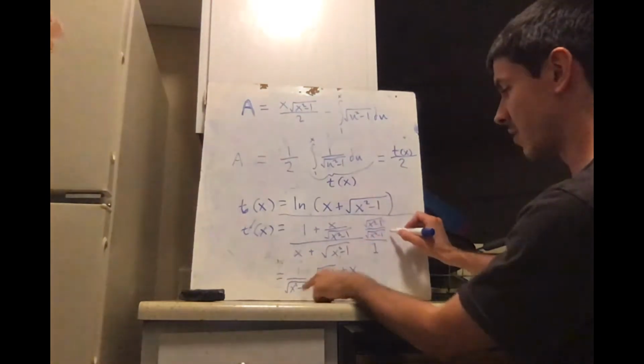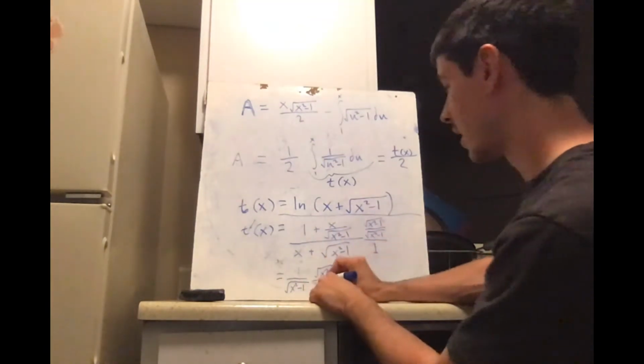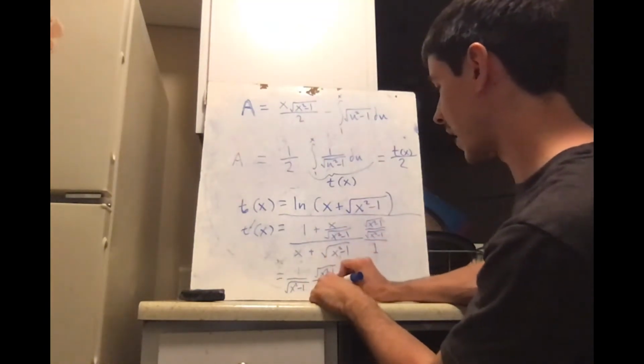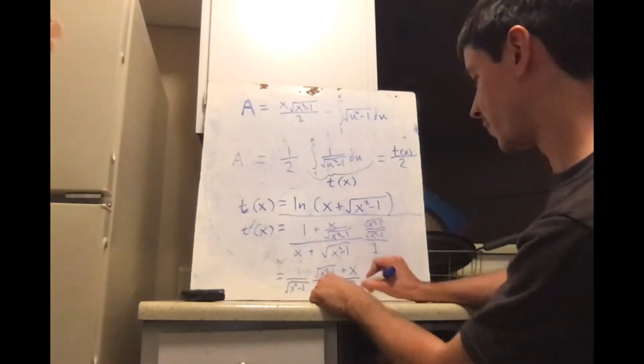Right, and this right here comes from this leftover part, right there. Then it's all over x plus the square root of x squared minus 1.